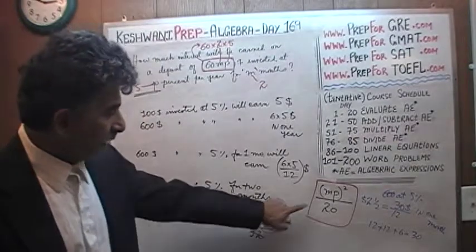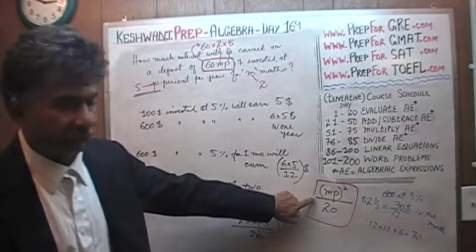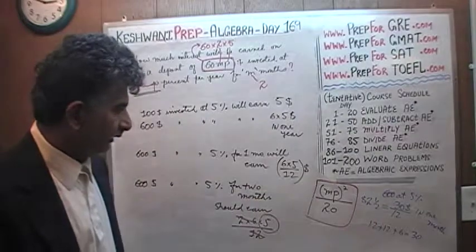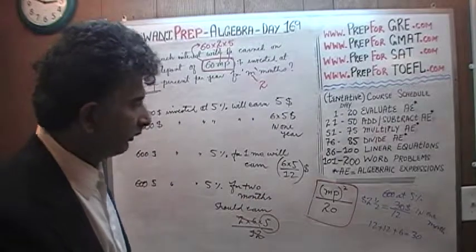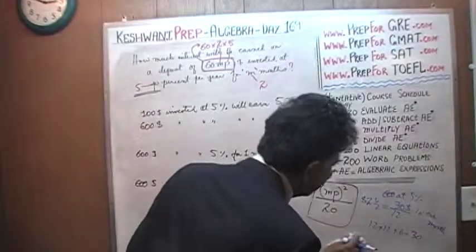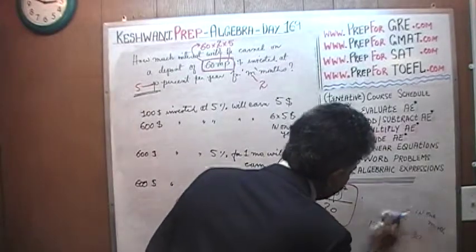The question is, does this expression give us $5? Let's find out, shall we? I need the room. I shouldn't have written all that there, so I need to erase it.